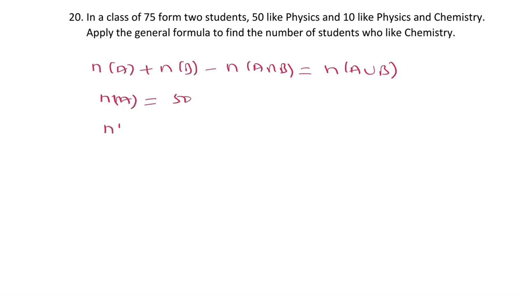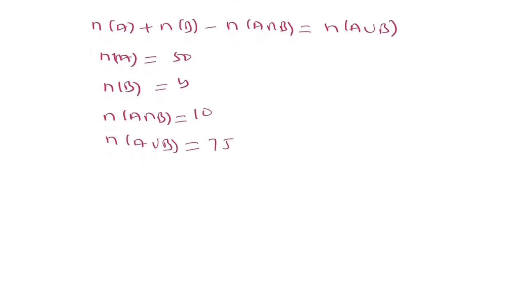Number of B are those who like chemistry, which we don't know, so we are going to call this Y. Number of A intersection B we have been given as 10 students, and number of A union B equals 75 students.